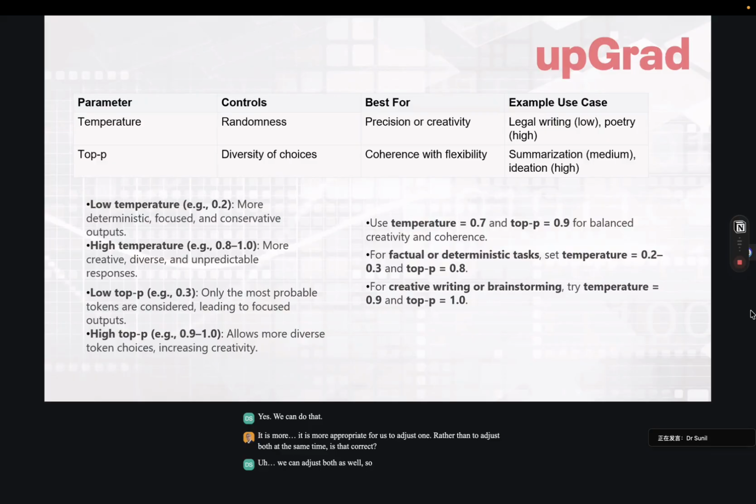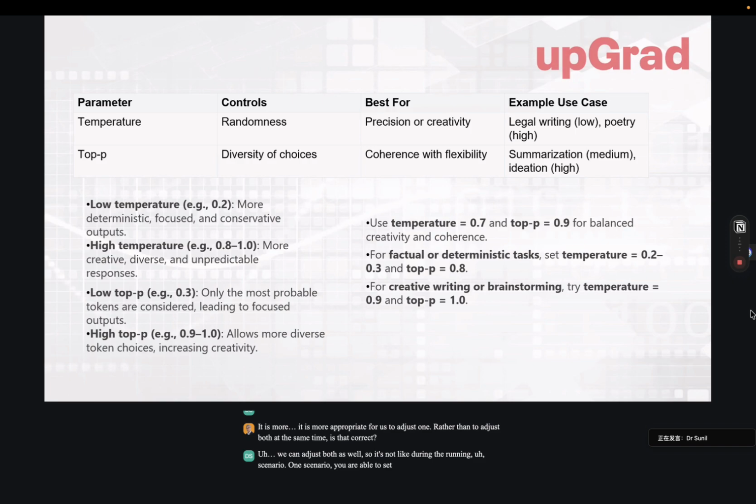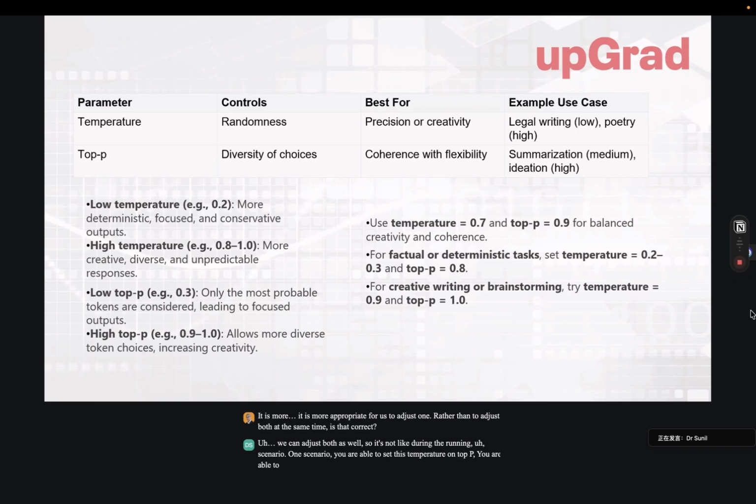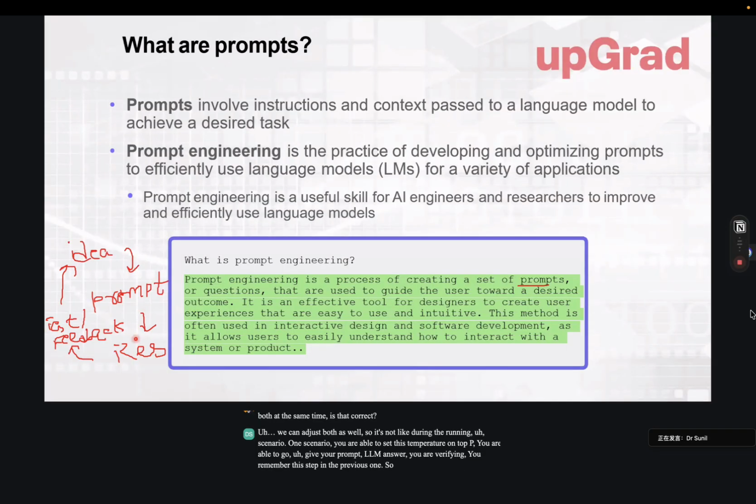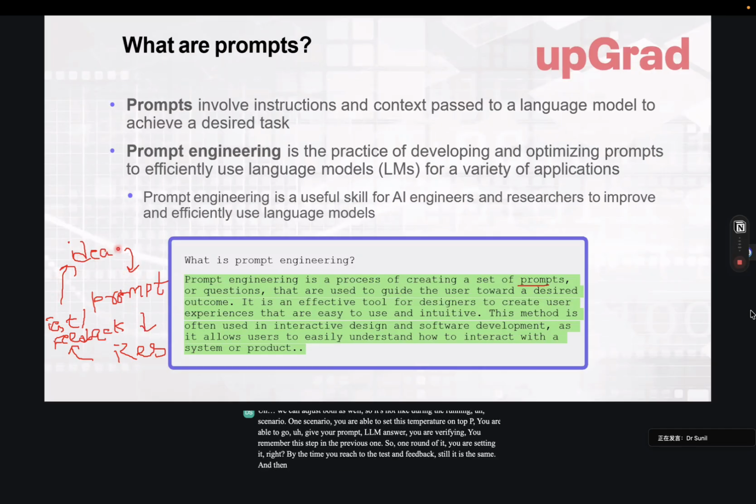It's not during the running scenario. In one scenario you set the temperature and top P, give your prompt, the LLM answers, and you are verifying. You remember this step from the previous one. So in one round you are setting it. By the time you reach the test and feedback, it is still the same. And then when you run the prompt again, you have the flexibility to change it. That's how you see it.